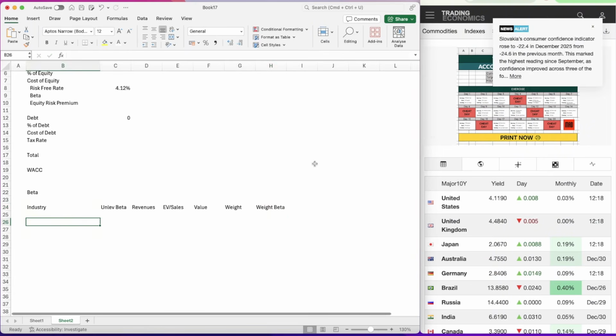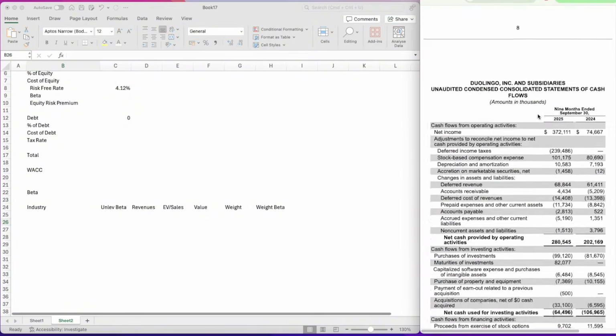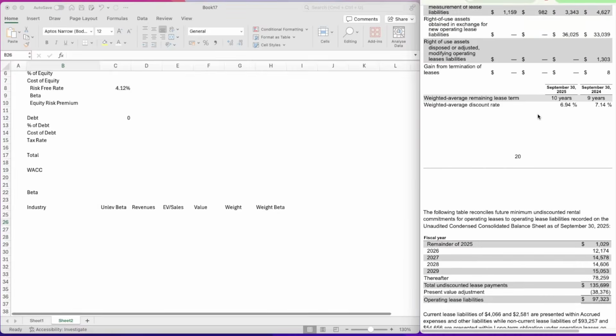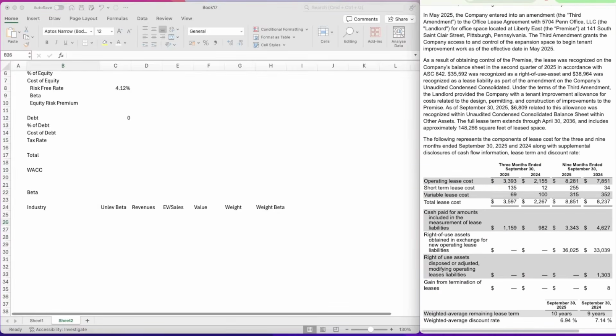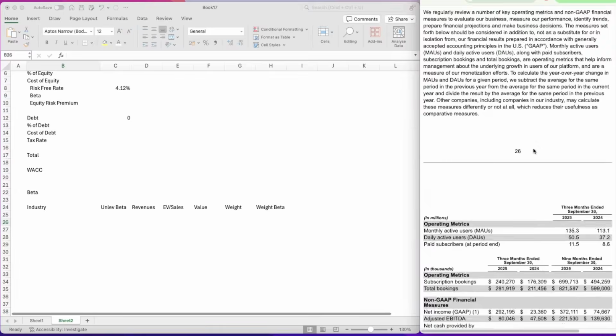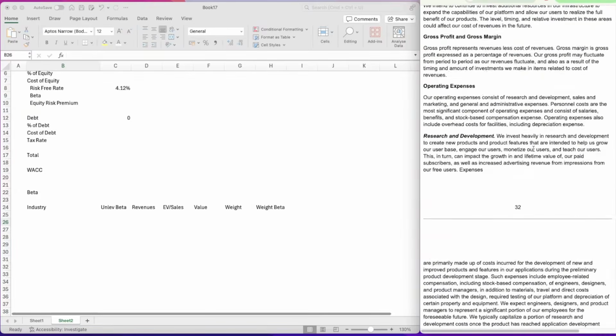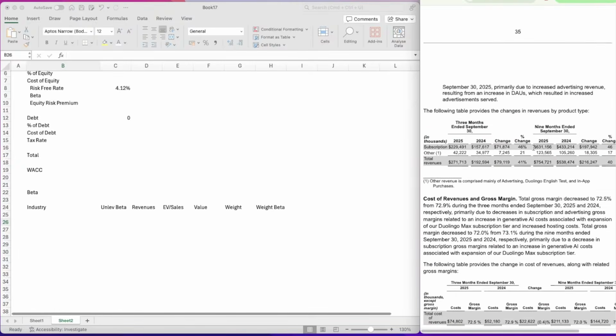So let's come back to the revenues for the company, for Duolingo. Where are they? Down here.